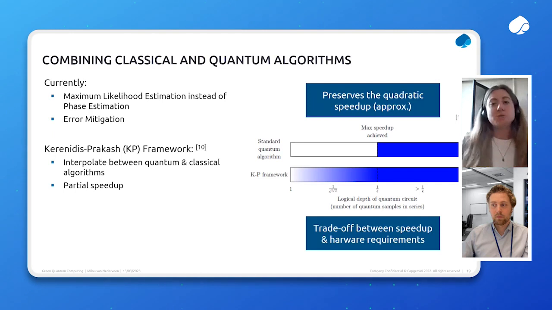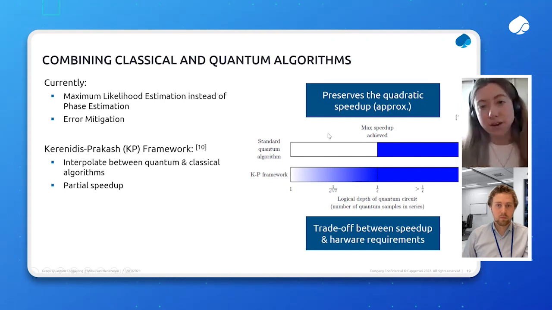Now, recently, a new framework has been proposed called the KP framework that actually allows something new, which is to interpolate between the quantum and the classical algorithm. And what you can see here is that for a normal quantum algorithm, you would have no speed up until you at some point acquire a certain logical depth, which is a certain hardware requirement, and then you achieve a maximum speed up.